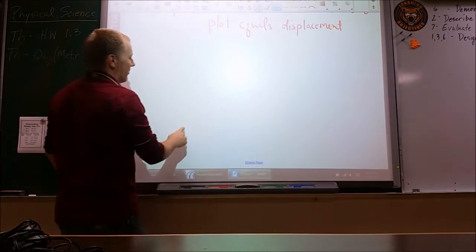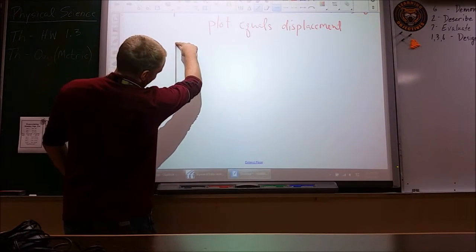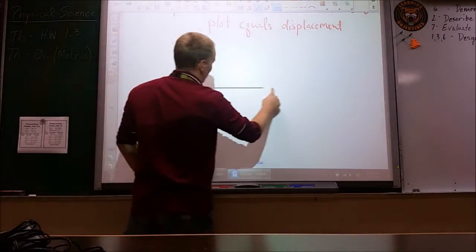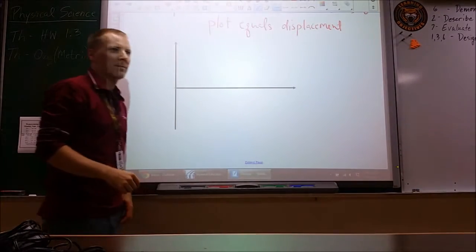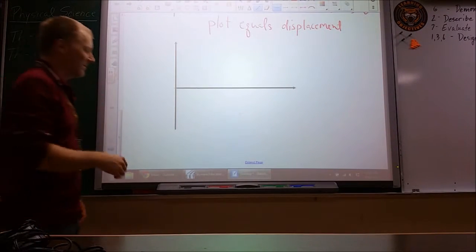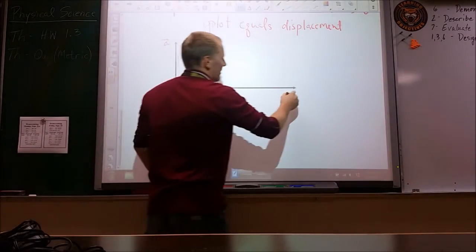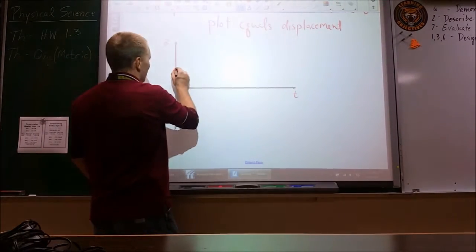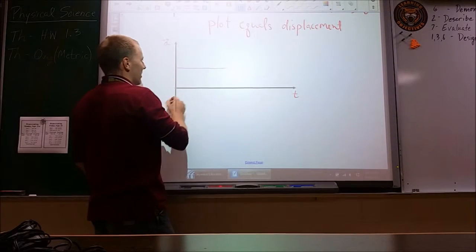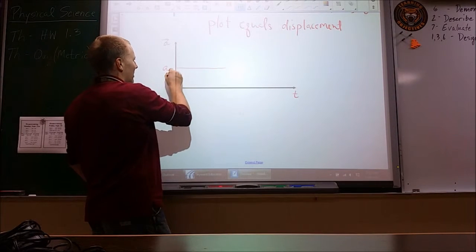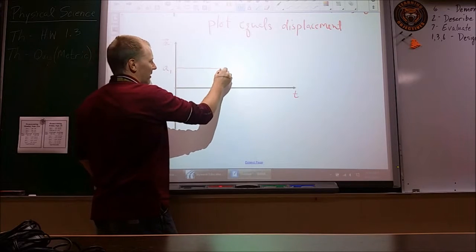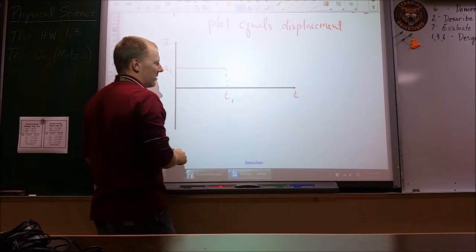Let's also then, before we finish, look at... Would that mean that the area on an acceleration plot, acceleration by time, would be the velocity? That's what we're going to see next. So let's pick a simple constant acceleration. We go up to some value, I'll call it A1, at T1.